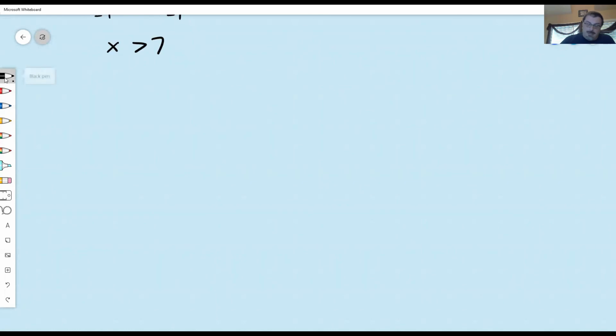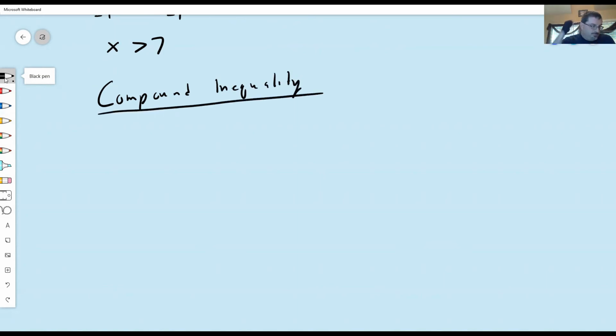The last thing I'll look at is called a compound inequality. Here's an example: minus 8 is less than or equal to x over 2 minus 4, which is less than minus 5. So this reads, minus 8 is less than or equal to x over 2 minus 4, which is less than minus 5.